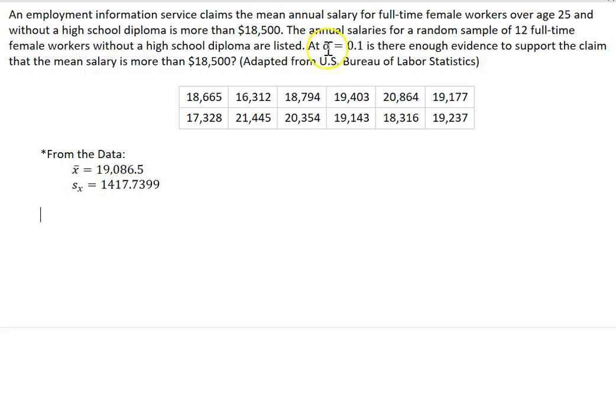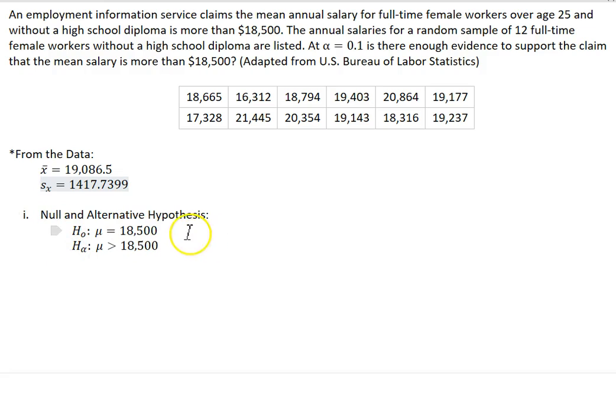We gathered a sample, and it looks like our sample average is more, right? So default would be that it's 18,500 or less. We generally just need to put the equal sign. So my null hypothesis is that this population mean is 18,500 or less. We could just keep it as equaling 18,500. And my alternative is that it's actually more than that, right?